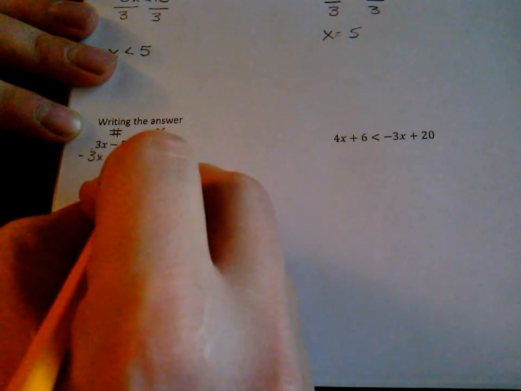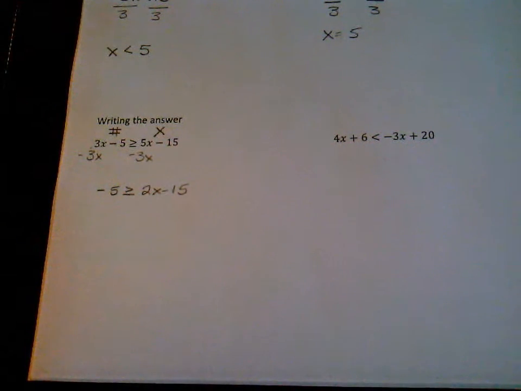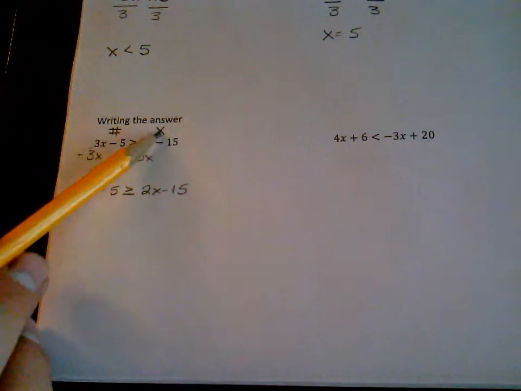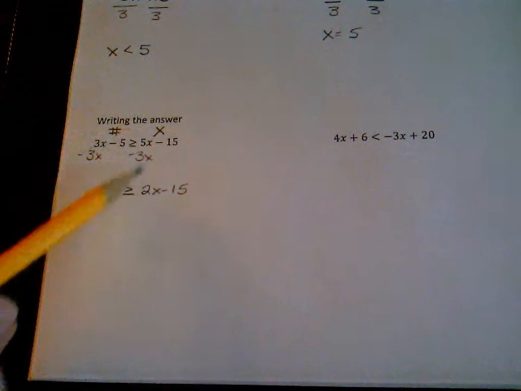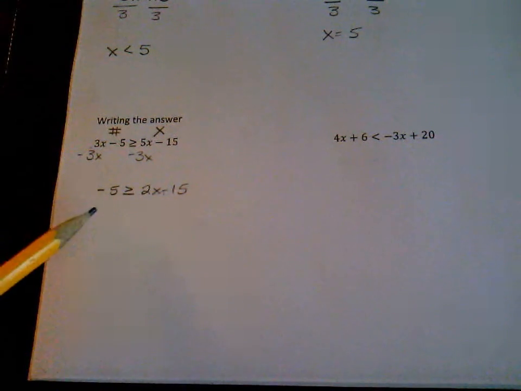Okay? So you're going to get negative 5 is greater than or equal to 2x minus 15. Now we had to get anything that's out of the x house out of the x house. So we're always going to add or subtract to get anything out of the x house or the number house. Okay?